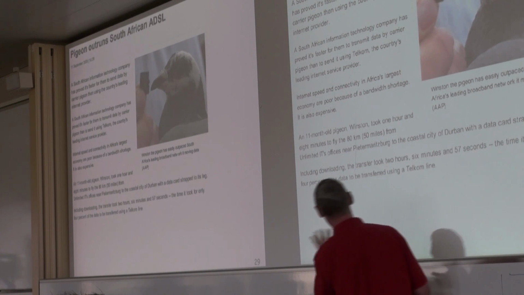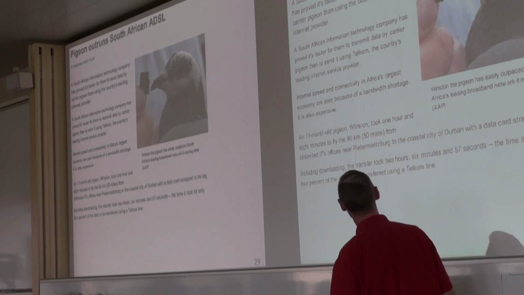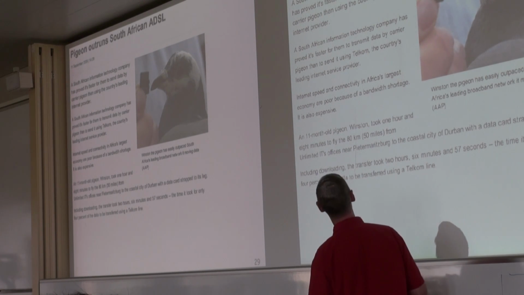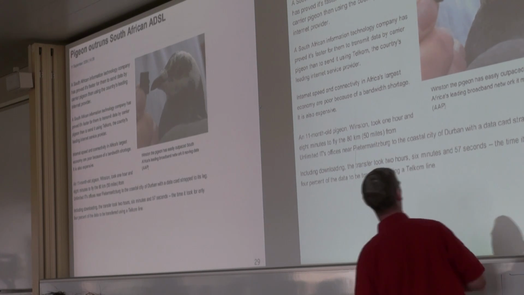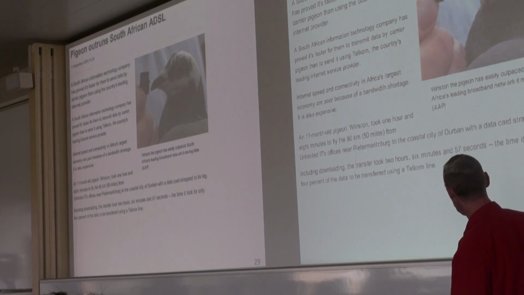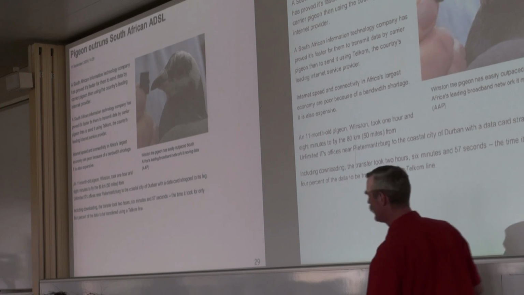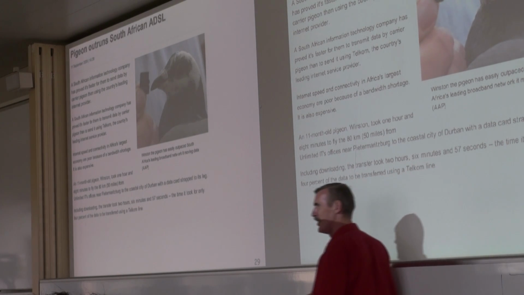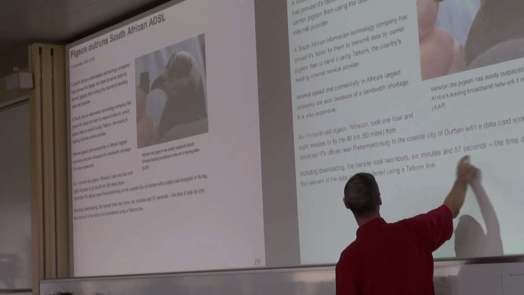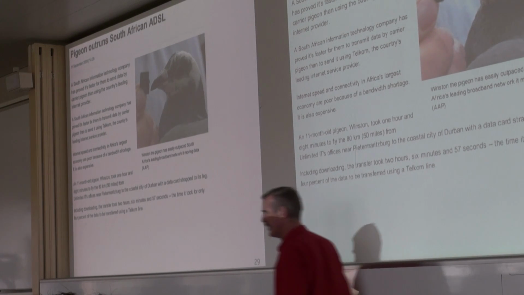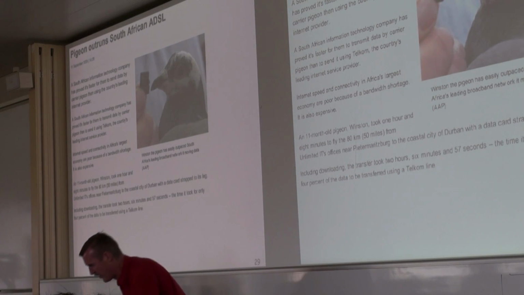And this pigeon, which the paper says was 11 months old, took 1 hour and 8 minutes to fly the 80 kilometers from the office of the companies that wanted to show that to the destination. And then they tried how much it would take to do the same downloads over the telecom service they get, and they found it took 2 hours, 6 minutes, and 57 seconds, so twice more than the pigeon.